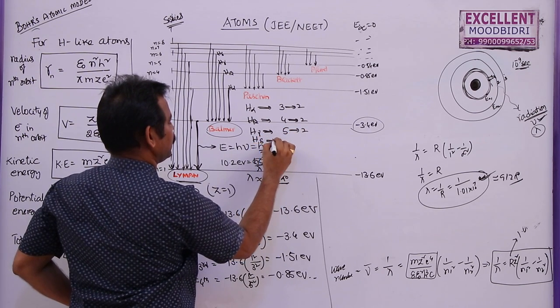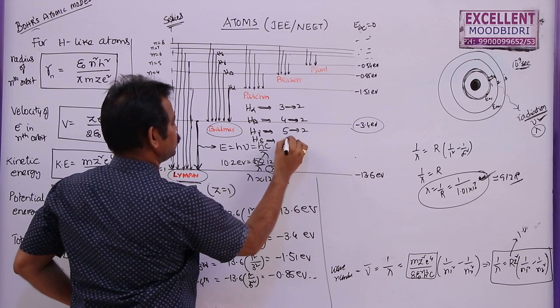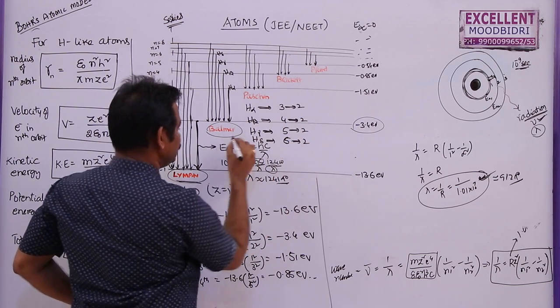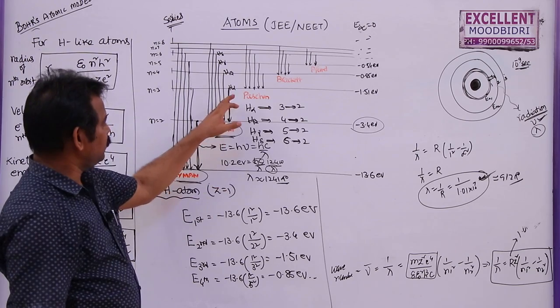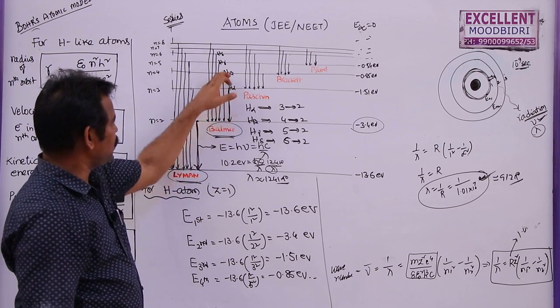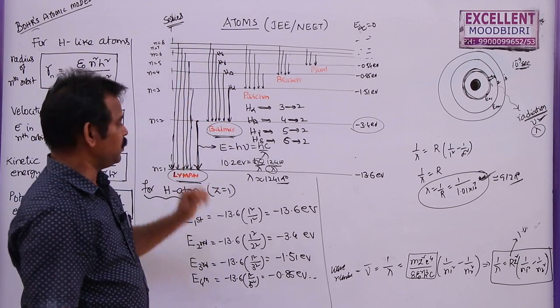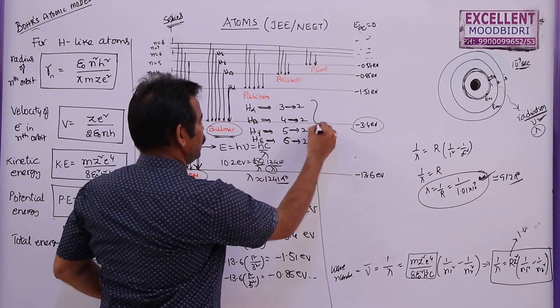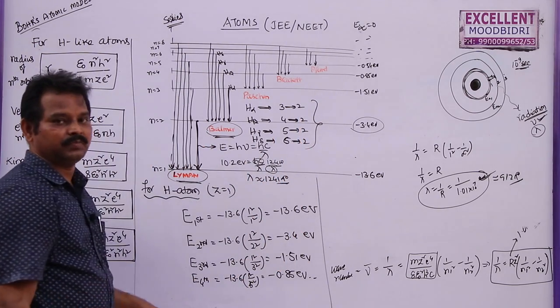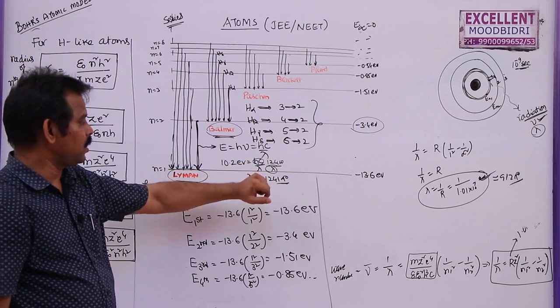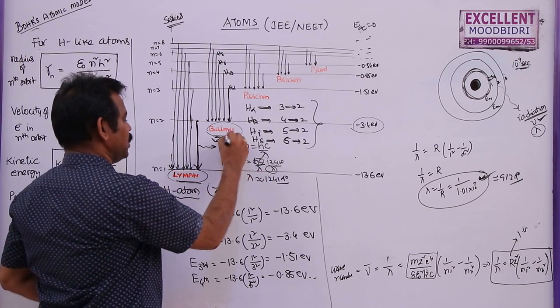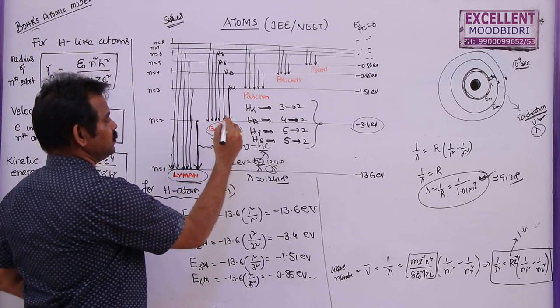H delta line, transition is from 6 to 2. So these wavelengths, when the electron jumps from higher orbit to second orbit, will be in the visible range. This is between 3,800 to 7,800 angstroms. That's why this is also called the visible spectrum or visible series.